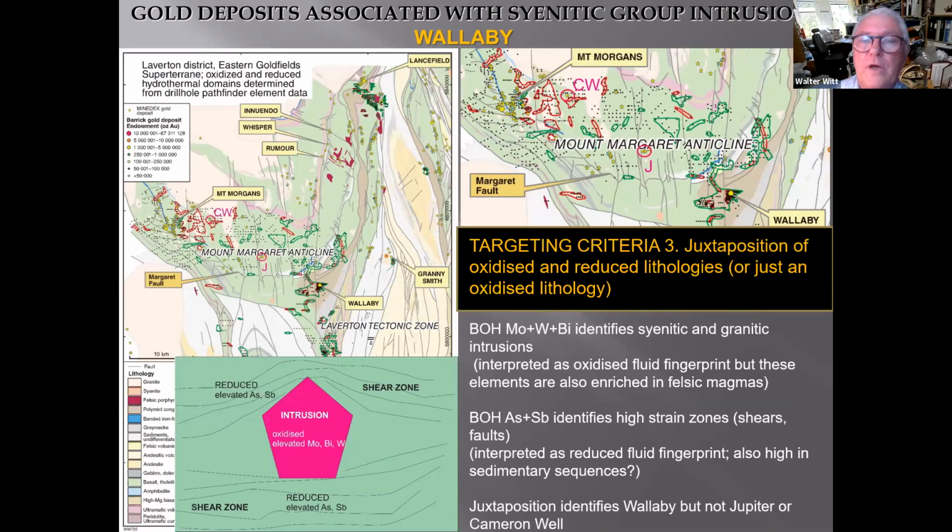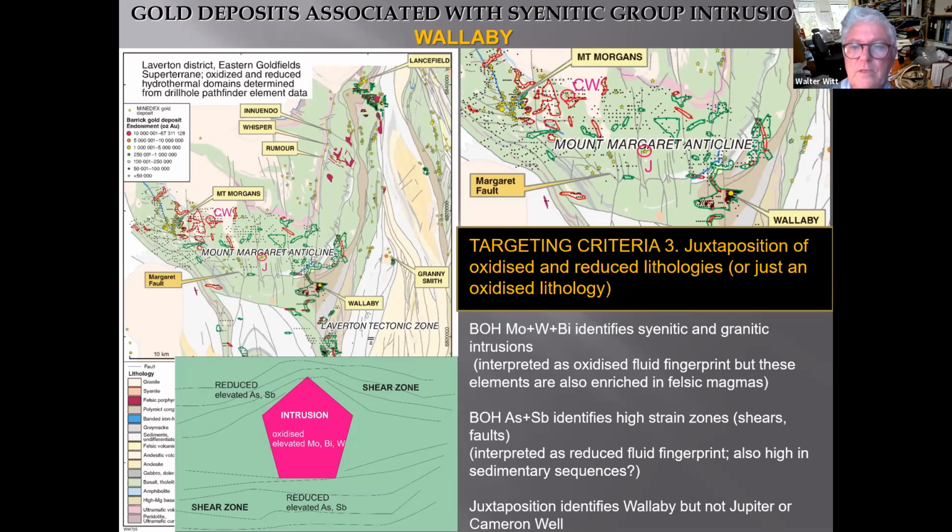Another way of targeting SGEG deposits is through bottom of hole geochemistry. These maps show the bottom of hole geochemistry in the Laverton district and arranged in terms of elevated molybdenum plus tungsten plus bismuth, which pretty well identifies syenitic and other granitic intrusions.